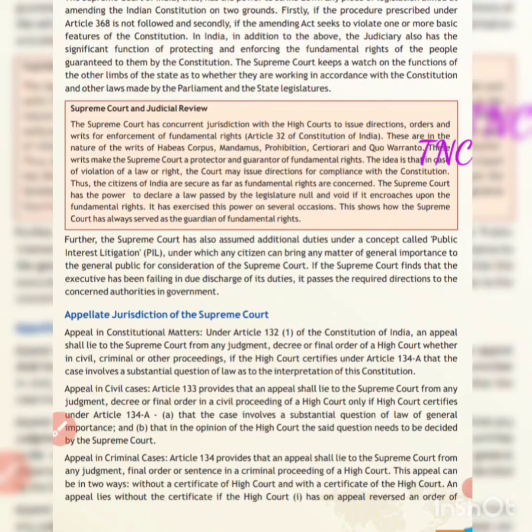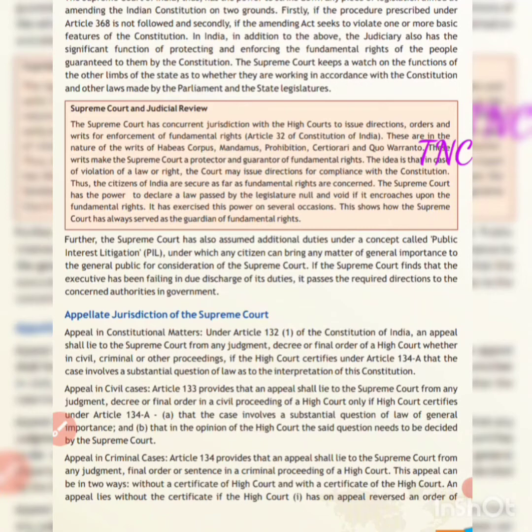Appellate means an appeal. As we know, Supreme Court is the highest court of law in India. So if any person or any party to the suit, because it's not always that two people are involved in a matter, two state governments, or a state and the central government, or two companies can also be parties to the suit.